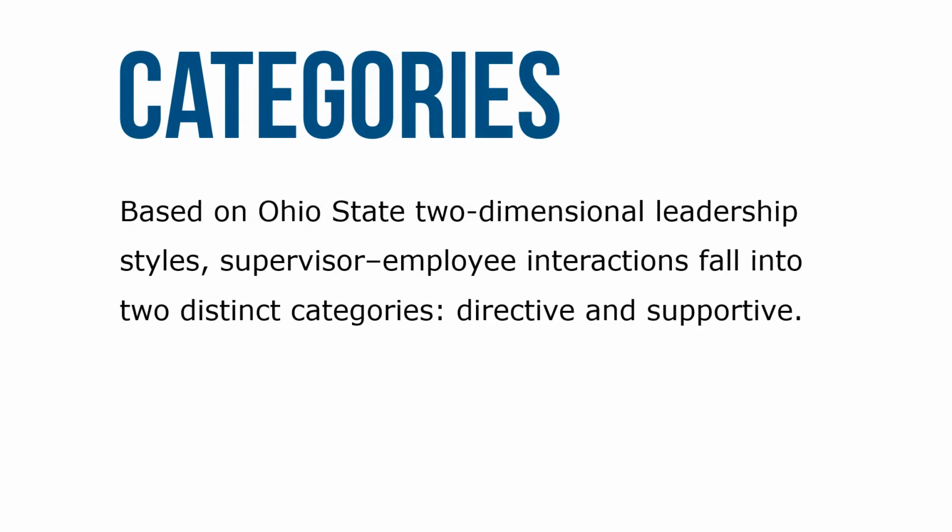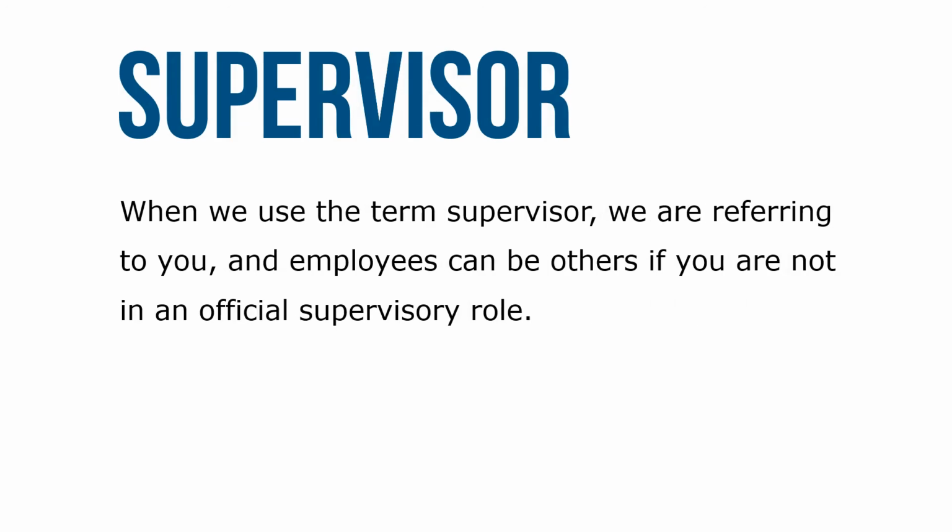Based on the Ohio State two-dimensional leadership styles, supervisor-employee interactions fall into two distinct categories: directive and supportive. When we use the term supervisor, we're referring to you, and employees can be others if you're not in an official supervisory role.